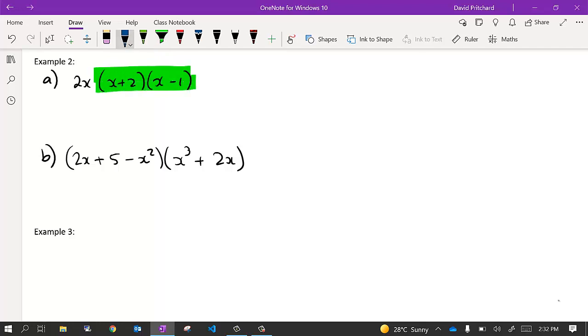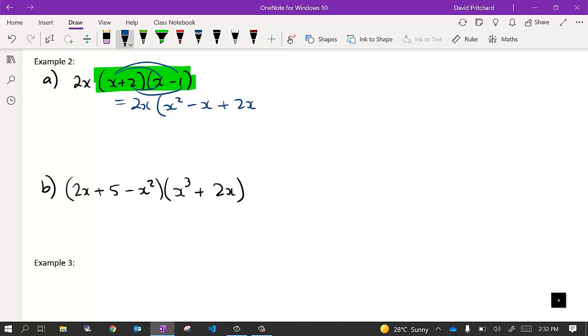So I'm going to leave my 2x in front, and I'm going to expand out my binomial. So we've got x squared, we've got take away x, we've got plus 2x, and we've got take 2. So now we've got 2x, and we'll simplify the bracket because these are like terms, right?